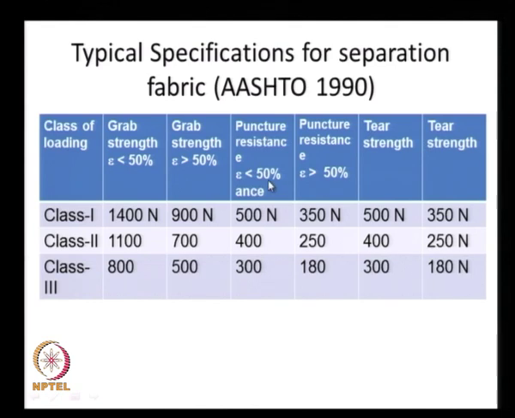Then the puncture resistance is 500 newtons for a stiffer geogrid, and 350 newtons for a softer geogrid or a geotextile, where this puncture resistance is mobilized at a strain greater than 50%. And the TS strength, once again for epsilon less than 50% and epsilon greater than 50%, is 350 and 500.